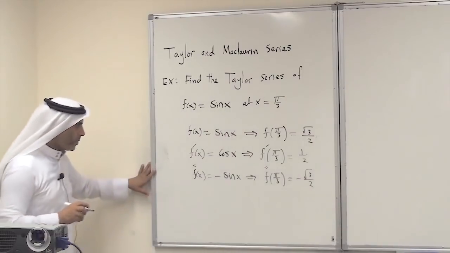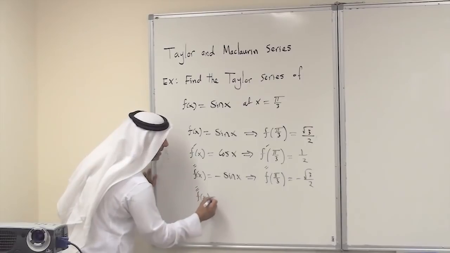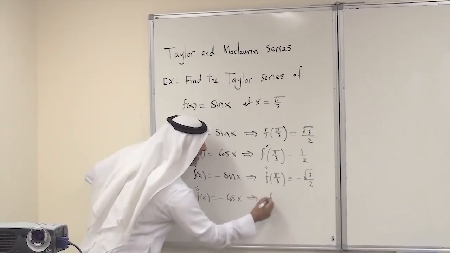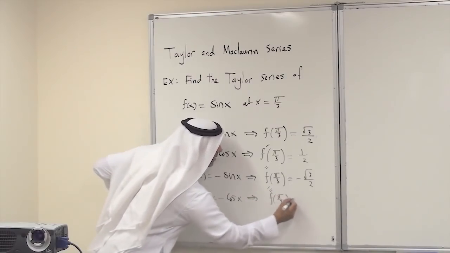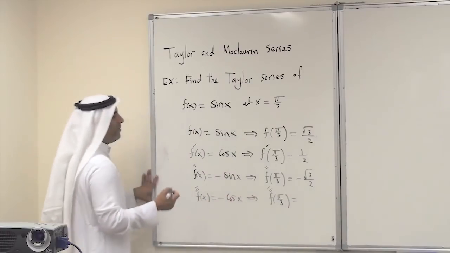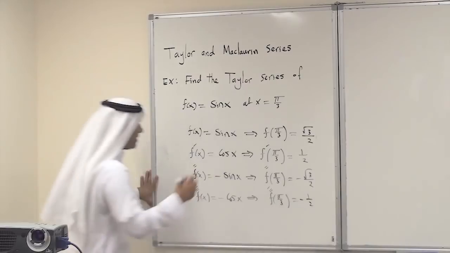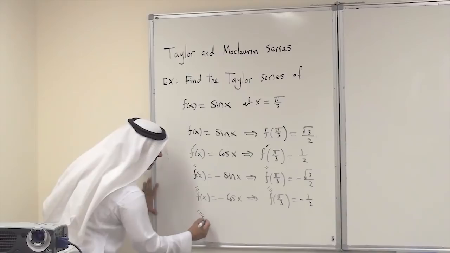Fine. The third derivative of the function will be just minus cosine of x, and evaluating the third derivative at pi over 3 will give cosine pi over 3, which is 1/2, so this is minus 1/2. Finally, we just reached the last one here, the fourth derivative, because all others will be just a repetition of this.